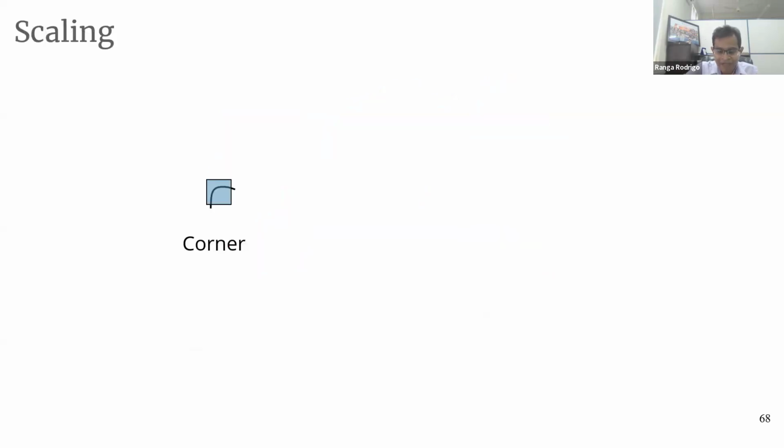Okay, now the problem is with the scaling. There is a problem with that. Now let's try to understand that. In this situation, you can see there is some intensity change within that window. So this area is dark, this area is bright or something.